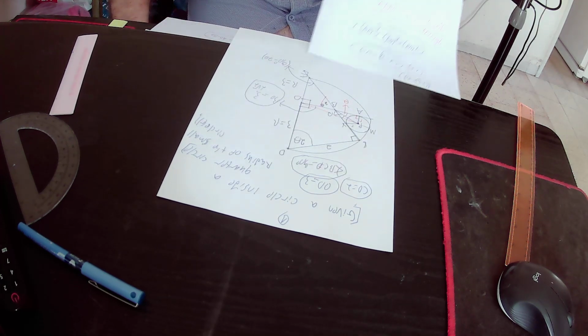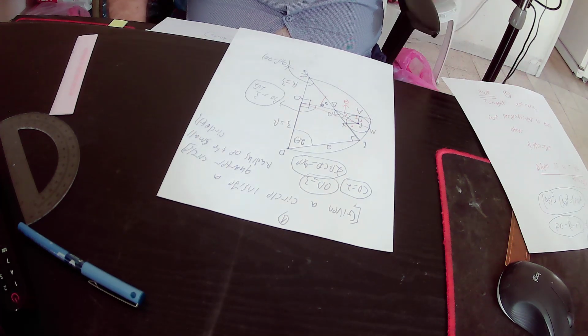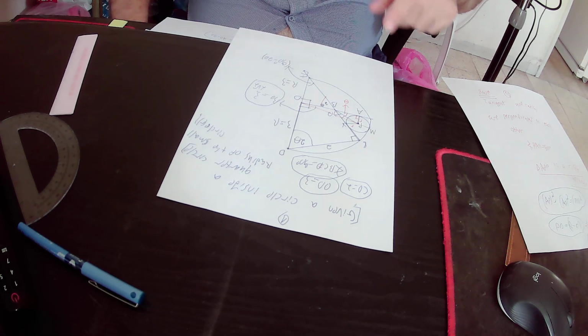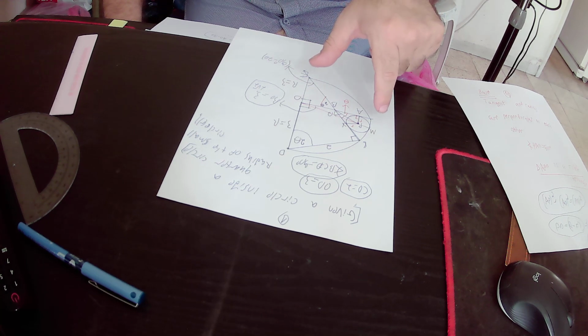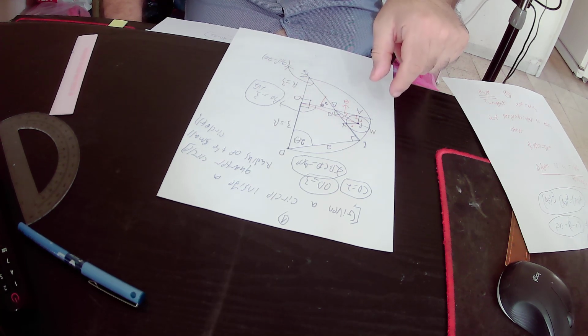And we extended PO until it touches the circles at point M. From the drawing, we can see that PO equals capital R minus small r, because MP equals small r.